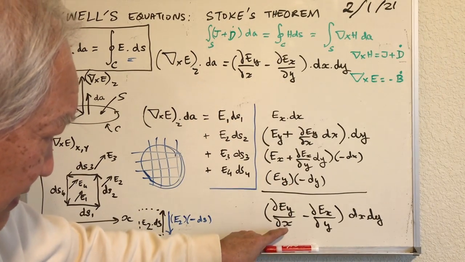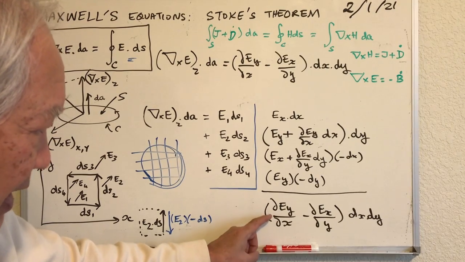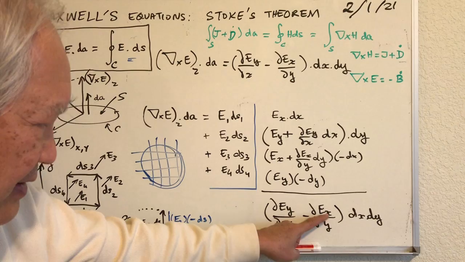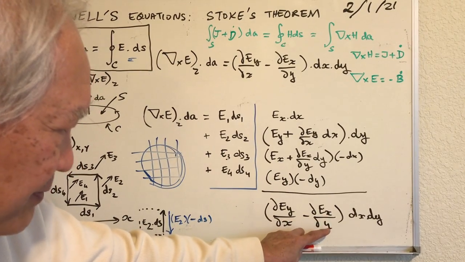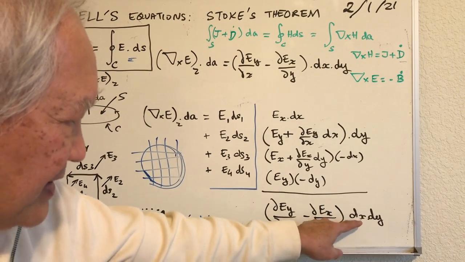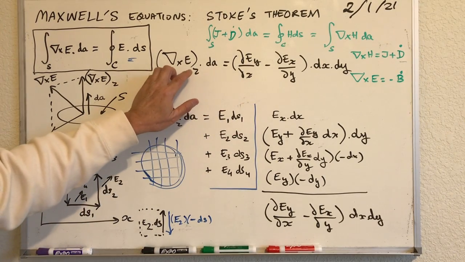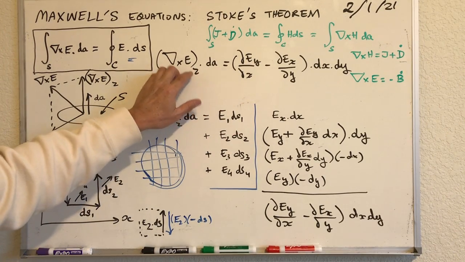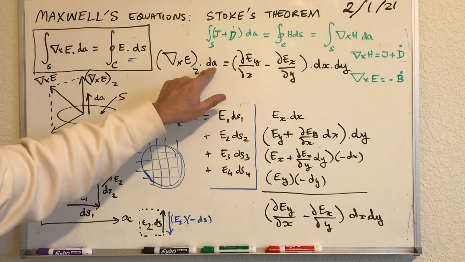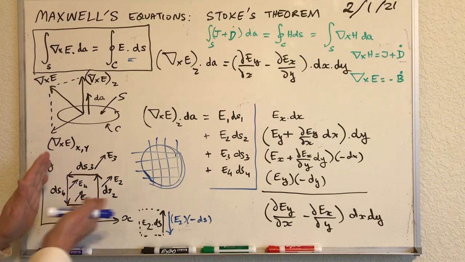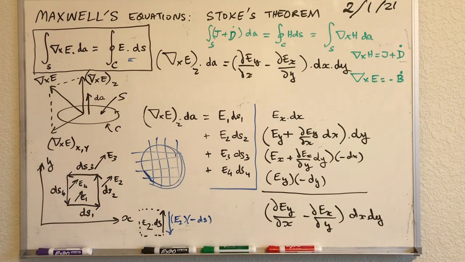The only thing left is the derivative of Ey over x minus the derivative of Ex over y, times dx dy, which is exactly the same as the definition of the curl, the Z component of the curl of E times dA, which in this case is dx times dy, okay?